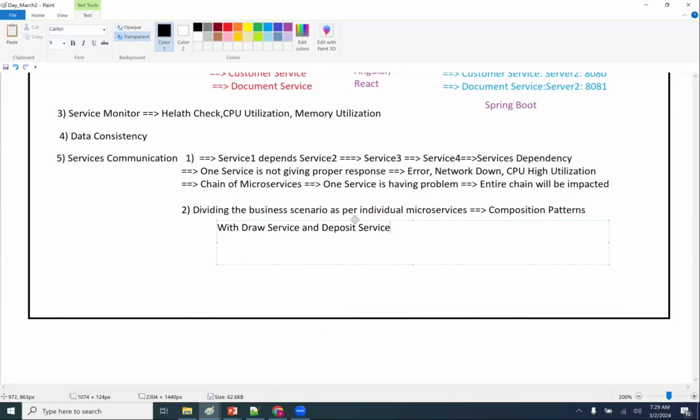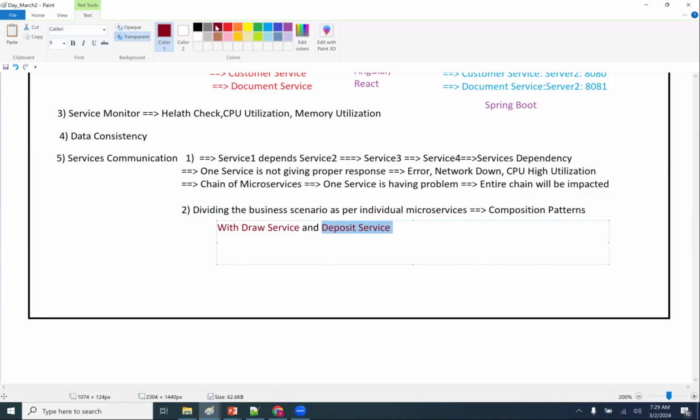What's the functionality of the withdraw service? What's the functionality of the deposit service? Withdraw service is going to take the money from the bank. Deposit service is going to deposit the money into the bank. So update the bank: balance equals balance minus something for withdraw, and balance plus something for deposit.